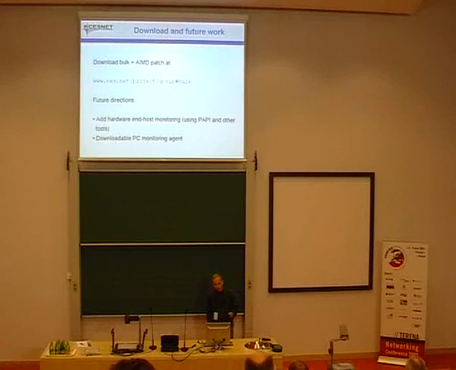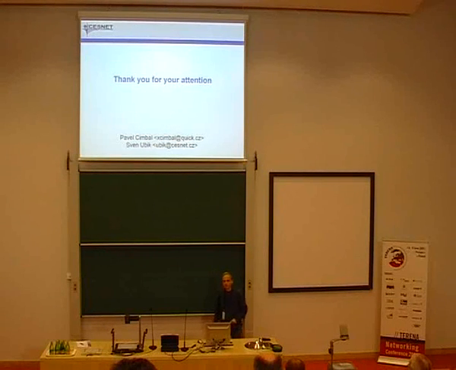And we would like to provide bulk as a downloadable PC agent, so that people are able to download that to their PC and monitor the health of their connection to the remote site. And that's it.